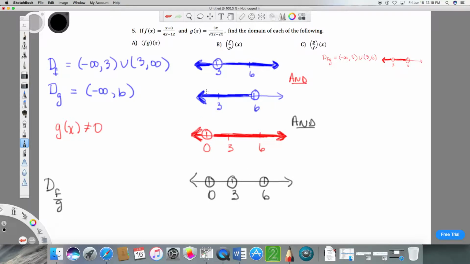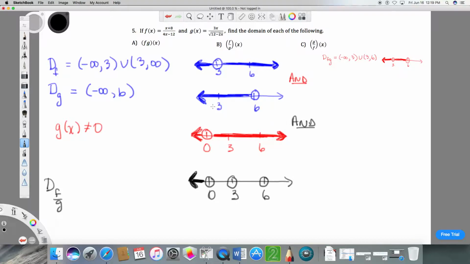But to the left of 0 is in all three sets, so values of x that are strictly less than 0 are in the top set and the middle set and that final set. So they're in our intersection.